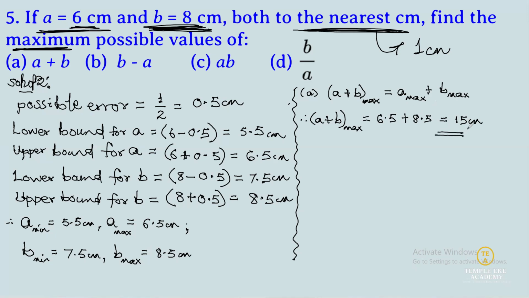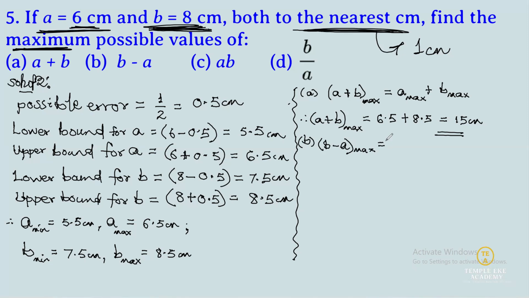Very simple. Let us look at calculation B. We're looking at the maximum possible value of B minus A. So let's go. B minus A maximum. This is a subtraction, and we have to be very careful.